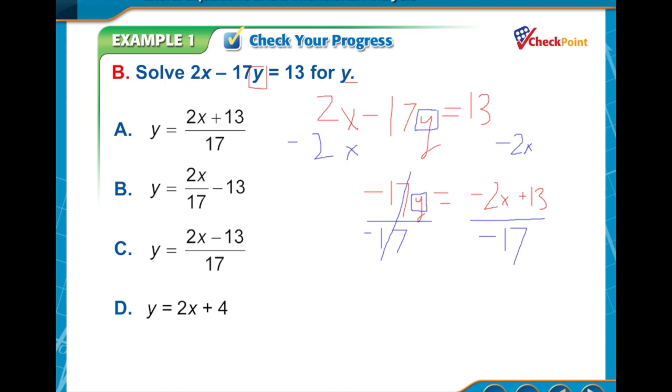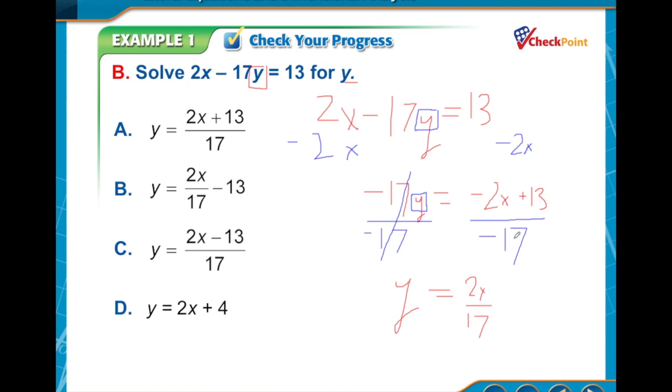So we should get just y on the left, and it will equal, if we break the 17 out into two different pieces, so we divide here and divide there and just add them together. Negative 2 divided by negative 17. The negative over negative just cancels out, so it's a positive. So that's 2x over 17.